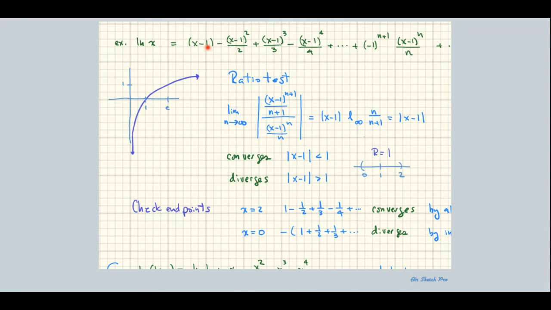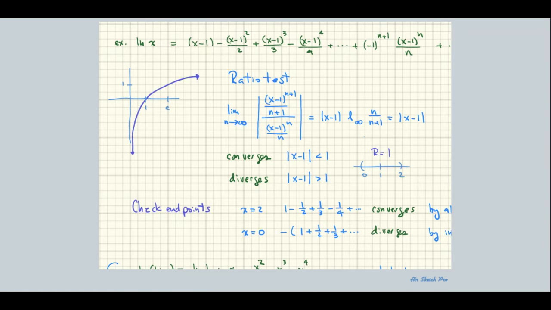If I plug in 2, x minus 1 evaluates to 1. And so I get 1 minus 1 squared, which is 1, over 2, plus 1 over 3, minus 1 over 4. So what you see is this alternating harmonic series. 1 minus a half, plus a third, minus a fourth.